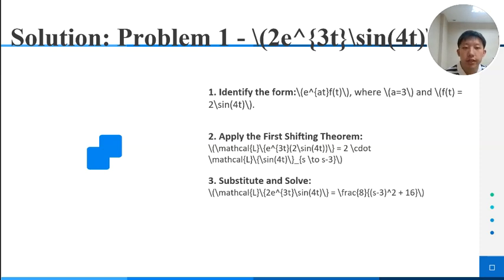We first find the Laplace transform of 2 sin 4t, which is 8 over s squared plus 16, and then shift the frequency by replacing s with s minus 3, which results in the final answer.